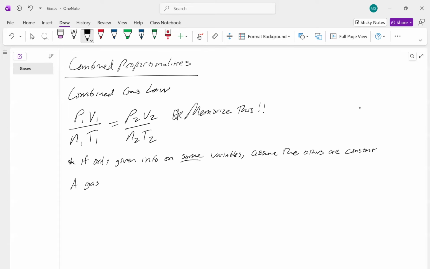So a gas occupies 0.6 liters at 25 degrees Celsius. What will the volume be at 75 degrees Celsius?